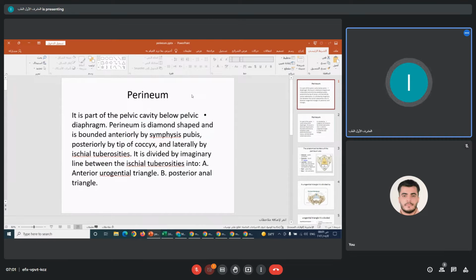The perineum is divided by the imaginary line between the ischial tuberosities into anterior urogenital triangle and posterior anal triangle.